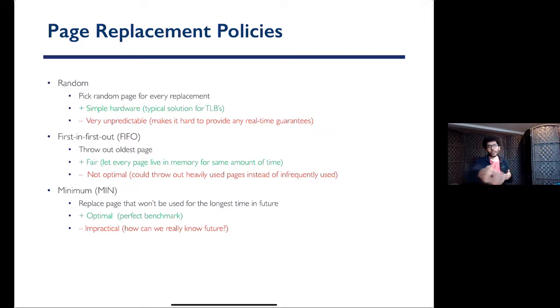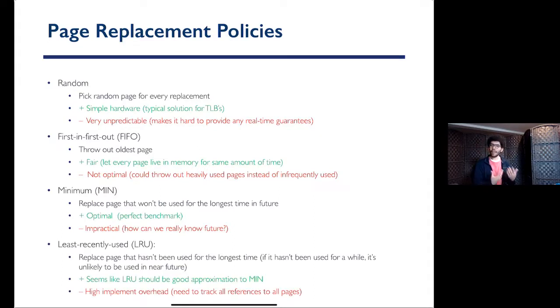If I have all the things that are going to happen in the future, then I can process it and say what would have been the best replacement policy. That would be MIN. But during the execution, I don't have it. So it's impractical. It can just be used as a benchmark to compare other policies.